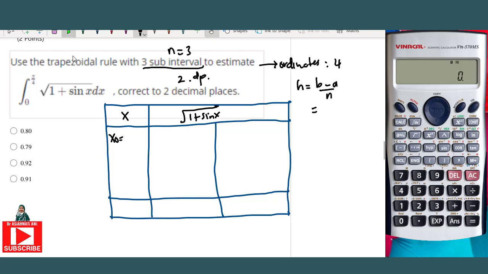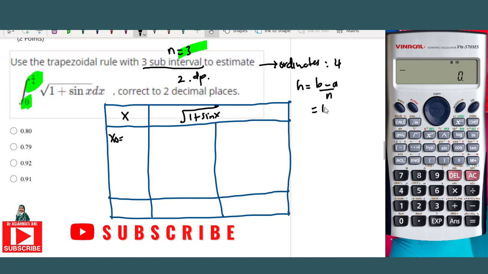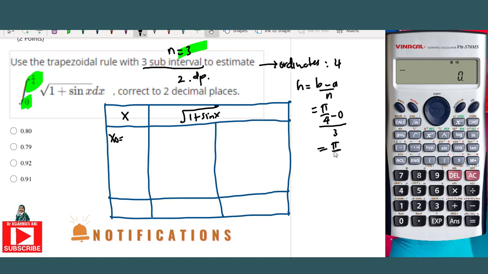The formula is h equals b minus a over n. This is b: pi over 4 minus 0, over 3, which is equal to pi over 12. You can write it down in decimal.